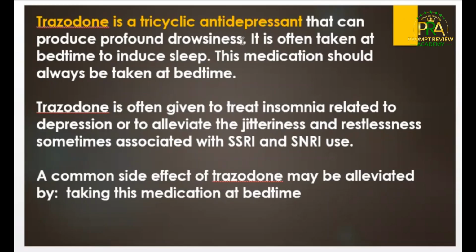Profound drowsiness. And it's often given to treat insomnia related to depression or to alleviate the jitteriness and restlessness that is sometimes associated with SSRIs and SNRIs. So most of the time, this medication causes profound drowsiness.